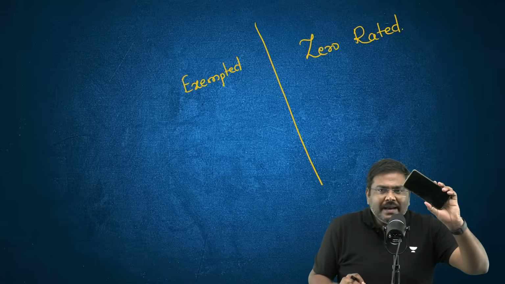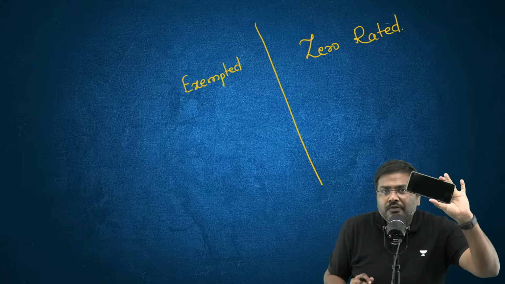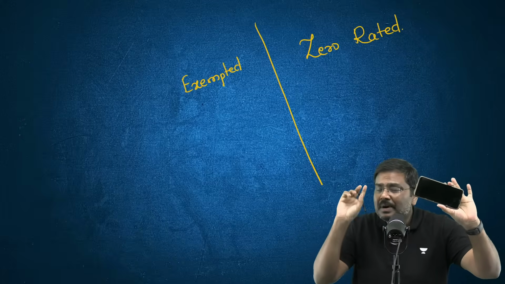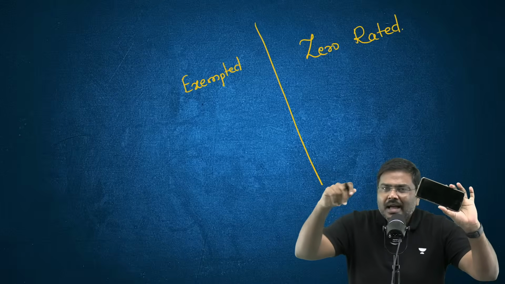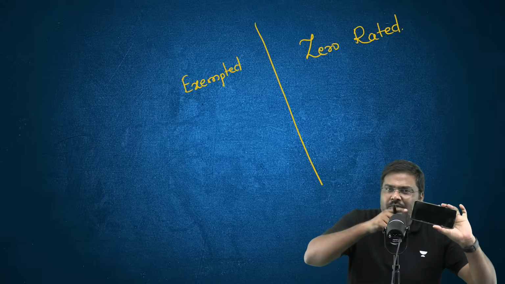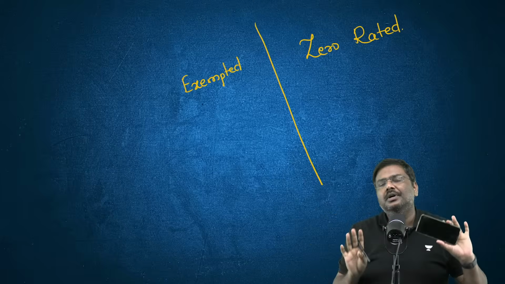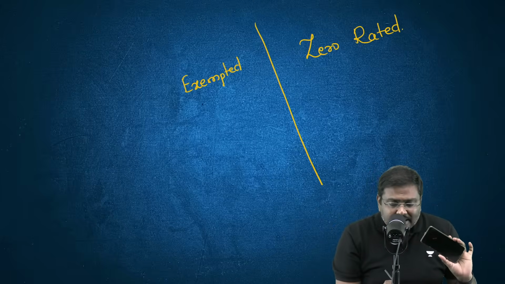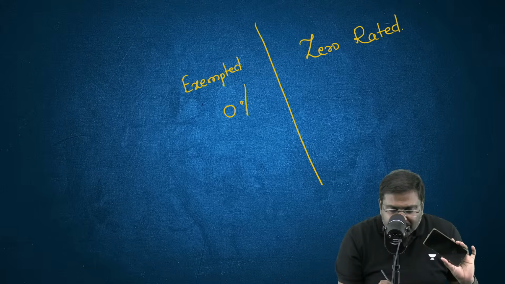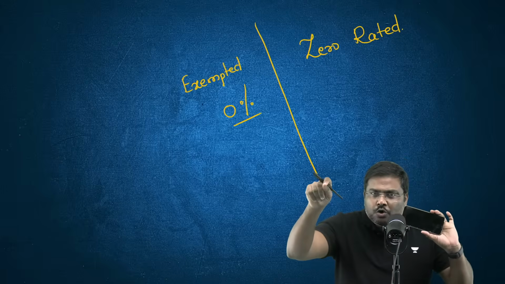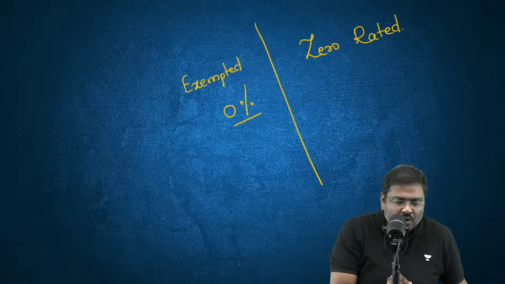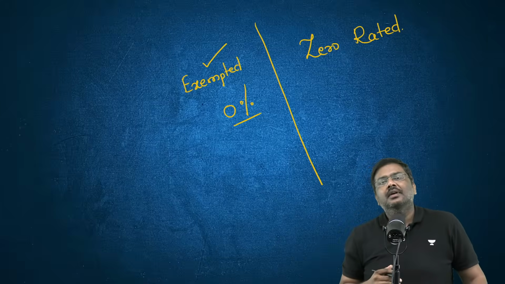Let's assume you are manufacturing this particular mobile phone. You will purchase inputs and you will manufacture the mobile phone and sell the output. Now, if the output is 0% GST, if the tax rate on the output is 0%, this is called exempted.